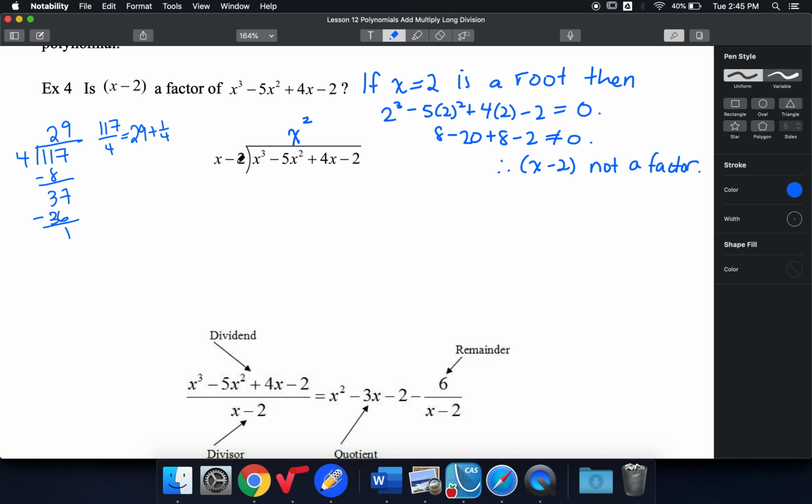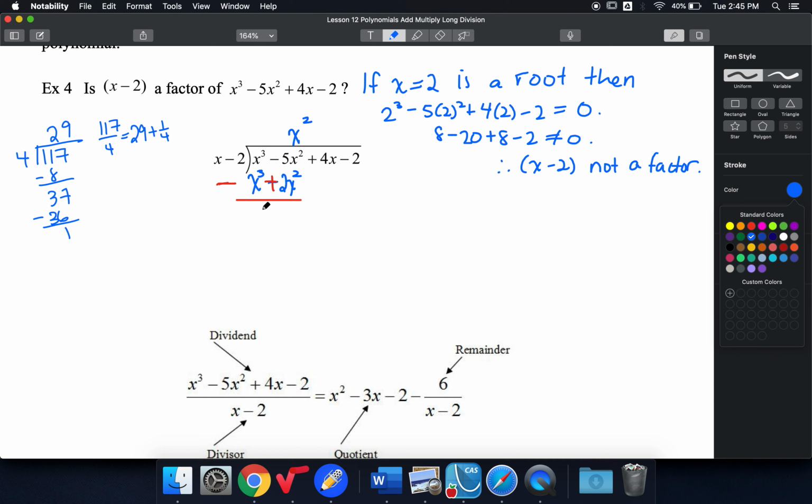So x squared times x is x cubed. I'll line up my like terms. x squared times negative 2 is negative 2x squared. And now I'm going to draw the line and change the sign. So draw the line and subtract all of this, which means that will be negative and this becomes positive. Then I'll combine.